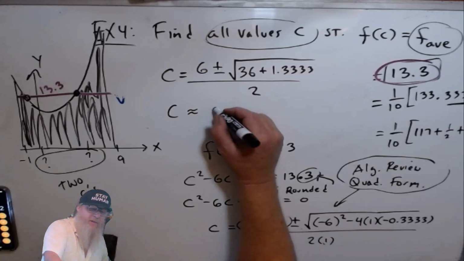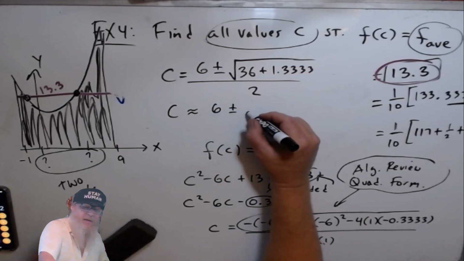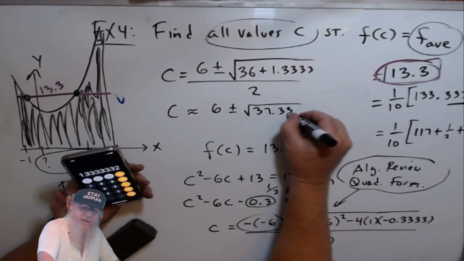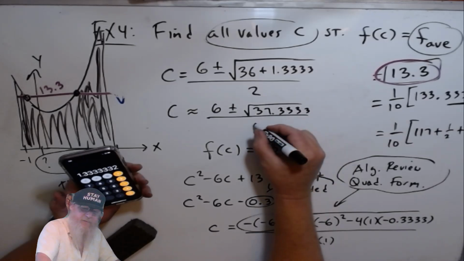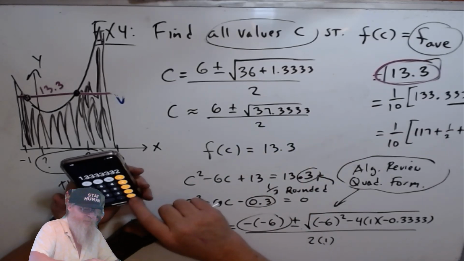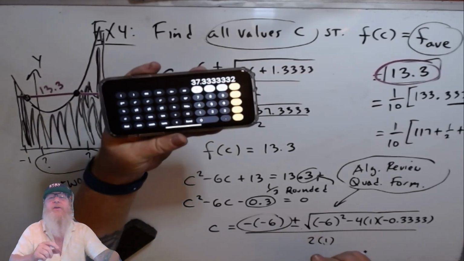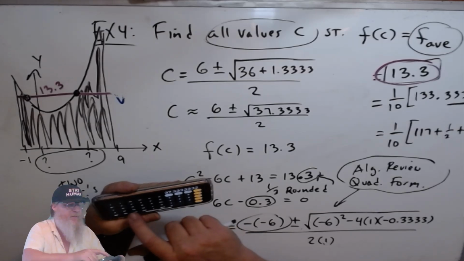Now, again, I'm approximating. So 6 plus or minus the square root of 37 and 1/3. So I've got my 37 and 1/3, or approximately 37 and 1/3.